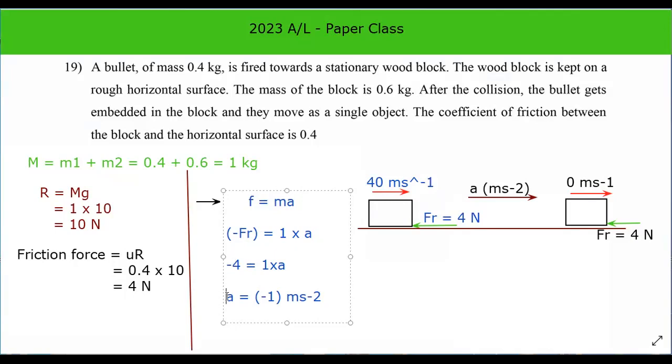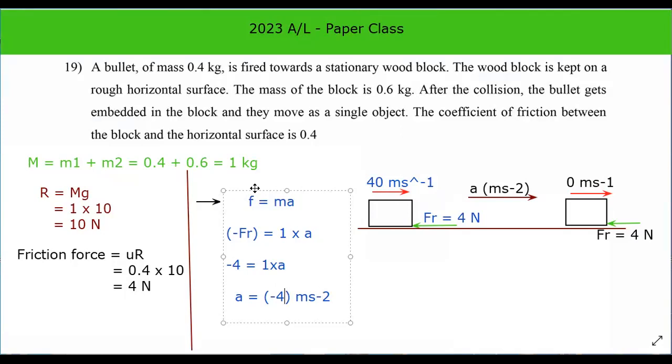Right, minus 4, sir. Yes, dear, minus 4, that was a mistake. Minus 4 meter per square second.